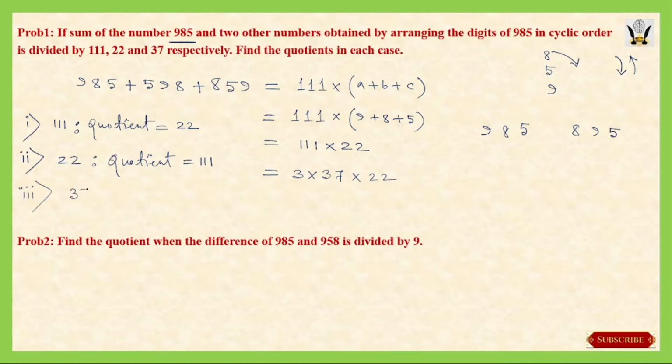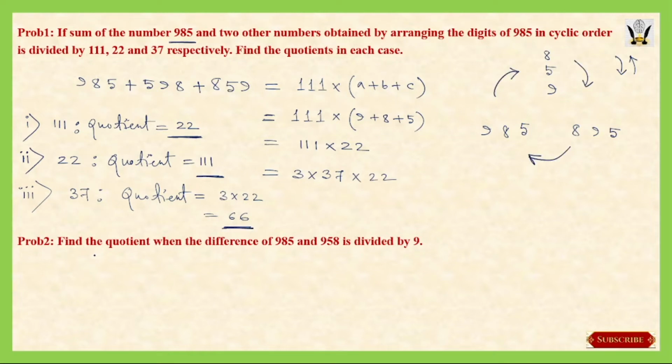When we divide the result of summation by 37, the quotient will be the multiplication of the rest of the factors, which are 3 and 22. So it will be 3 multiplied by 22, that means 66. So this is our result: dividing by 111, the quotient is 22; by 22, the quotient is 111; and by 37, the result is 66.